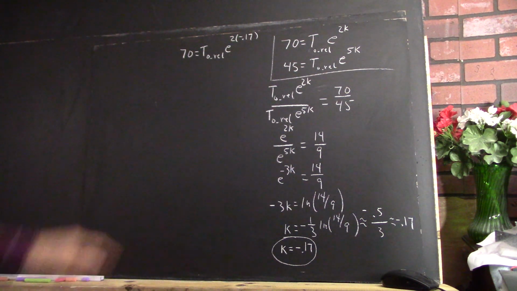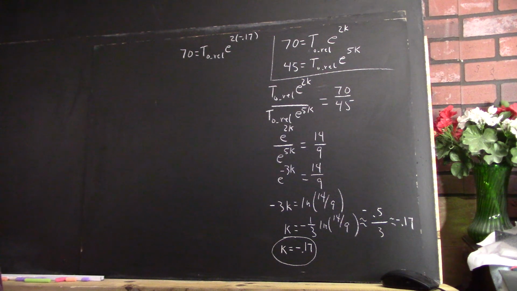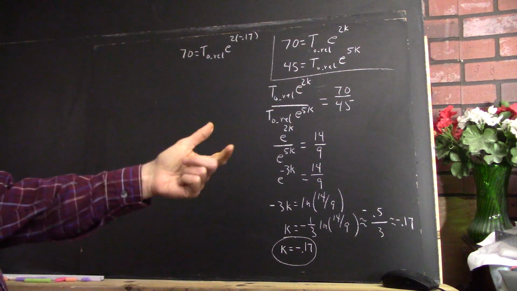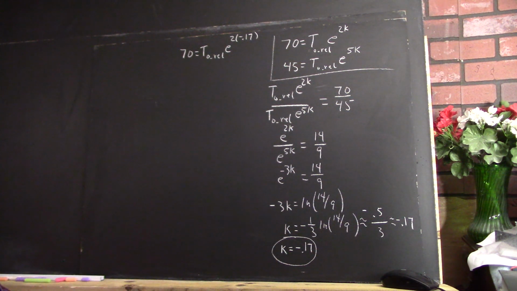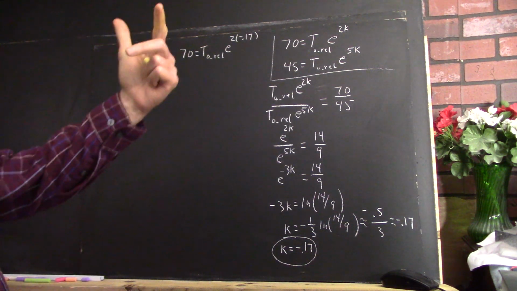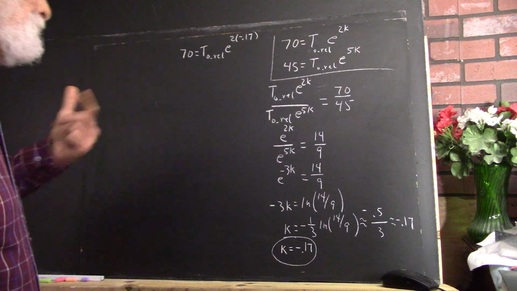Okay, 70 equals T0 relative e to the 2 times negative 0.17. And I don't want to do, I'd need to go 3 terms on the Taylor expansion to do this, and I'd get messed up with my zeros and stuff. So I'm not going to try to estimate it that way. I'm just going to say, okay, e to the 0 is 1, e to the 1 is about 2.7.